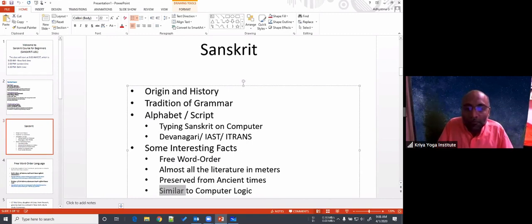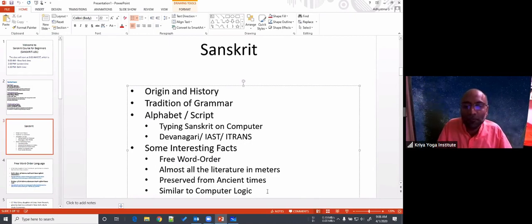The grammar of Sanskrit, particularly Panini grammar. Panini has been the most celebrated grammarian, so celebrated that all the grammars prior to him are lost to us. Panini's grammar was so perfect that people did not care to preserve the grammar systems of older grammarians.